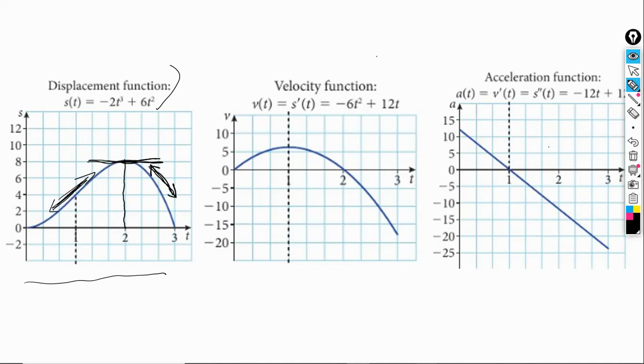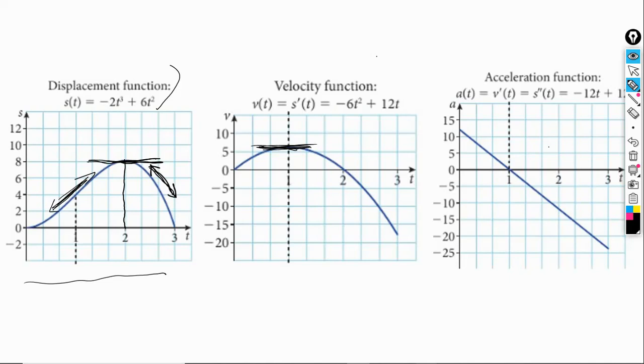So moving to the next chart, we see the velocity chart, and we found out that the maximum velocity occurred at 1, where the acceleration is 0, right? The maximum velocity would be when the slope is 0, but because the derivative of velocity is acceleration, that is when we had that maximum velocity.